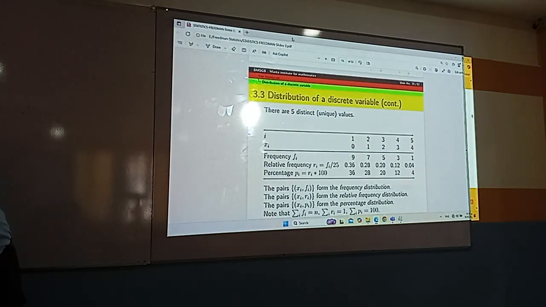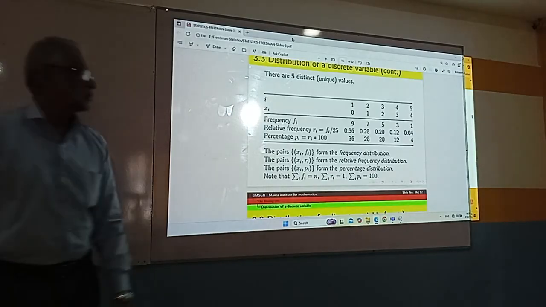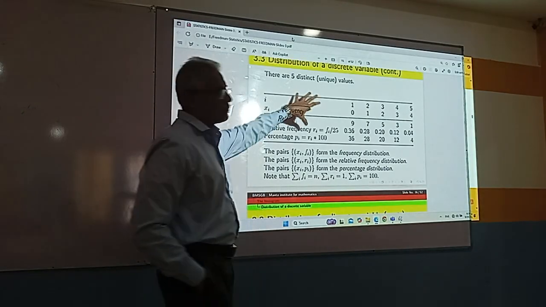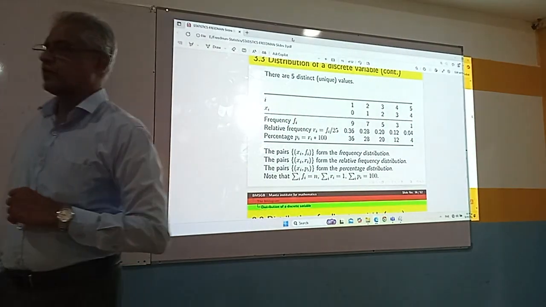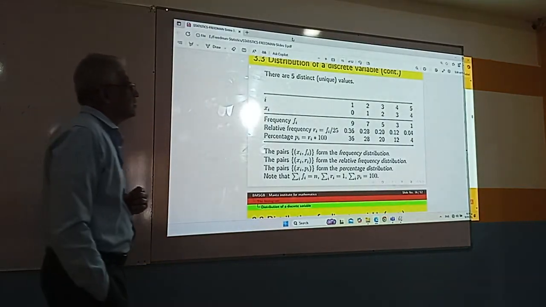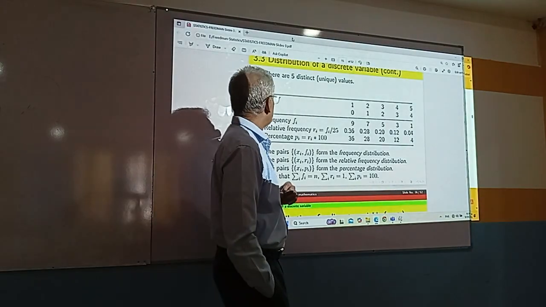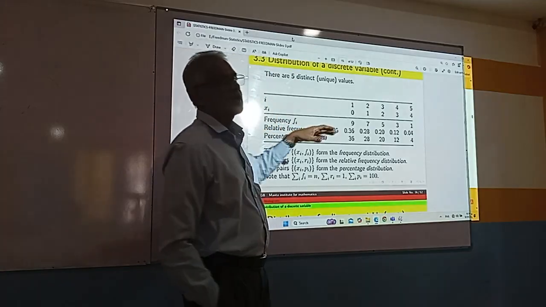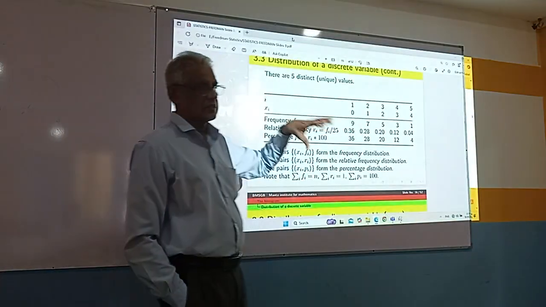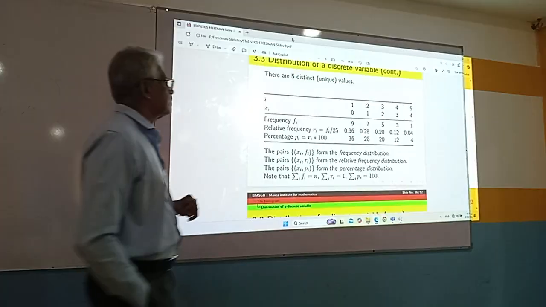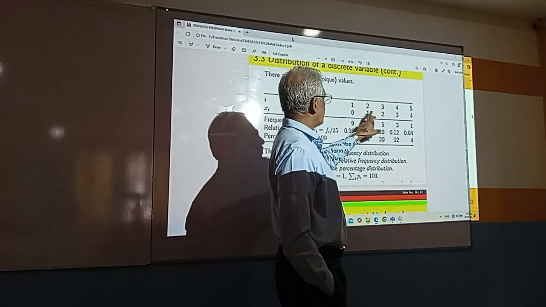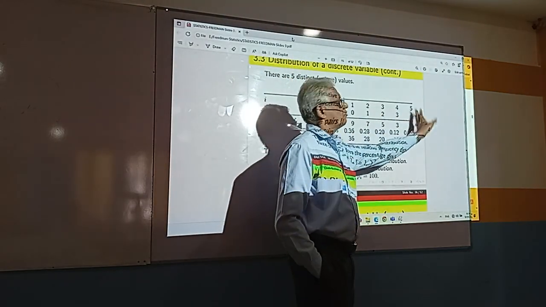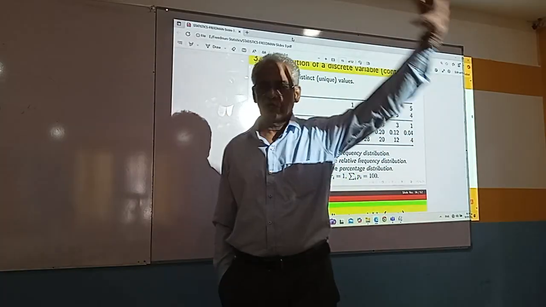So how do we show this? One way is to prepare a table like this. This is called a frequency table. The possible values, x1, x2, x3, are the unique possible values. So 0 is a possibility, 1 is a possibility, 2 is a possibility, and so on. 5 is a possibility, but 5 has not been observed here.